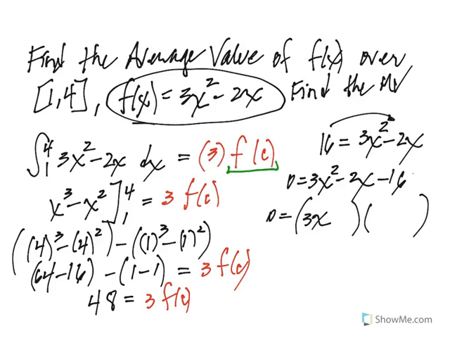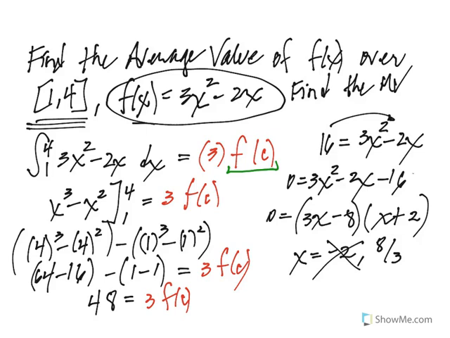I'm looking for 8, so that's plus 2 minus 8, I believe. That's 3x squared plus 6x minus 8x, yes, negative 16. Now I can factor it. That gives me 2 values of x: x is equal to negative 2, and x is equal to 8/3. I'm only looking for the one in this interval, which means I can get rid of the negative 2, and my value of c, the mean value, is actually 8/3.